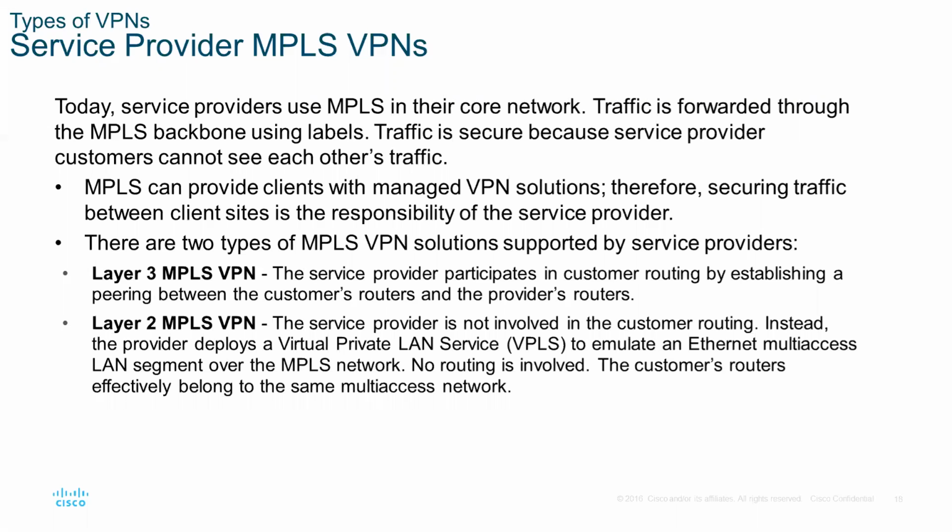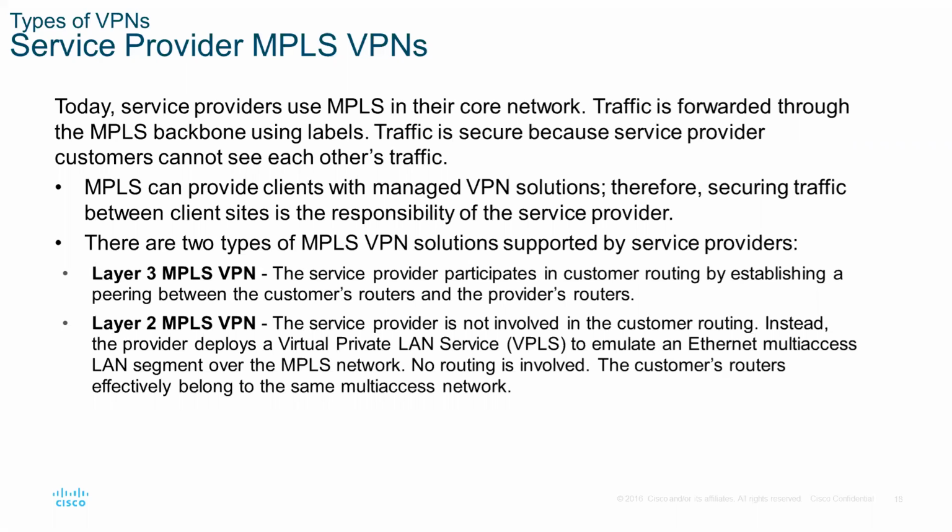You can either have a layer 3 or layer 2 MPLS VPN. Layer 3 allows for routing to be established and peering between the various client routers through the service provider's network. With layer 2, the customer routing is not involved.